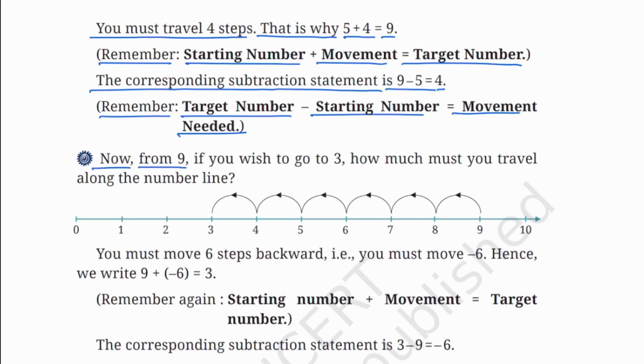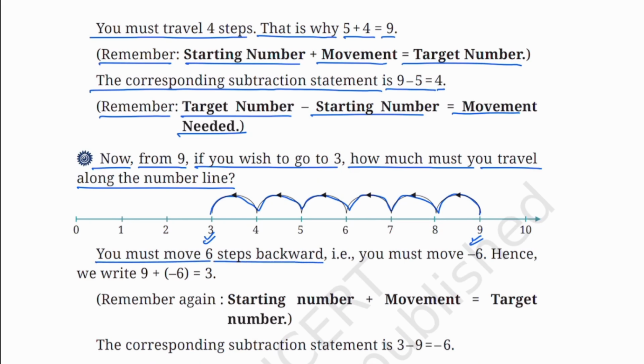Now, from 9, if you wish to go to 3, how much must you travel along the number line? Starting number, target number, movement: 1, 2, 3, 4, 5, 6. 6 in the backward direction, or minus 6. You must move 6 steps backward.